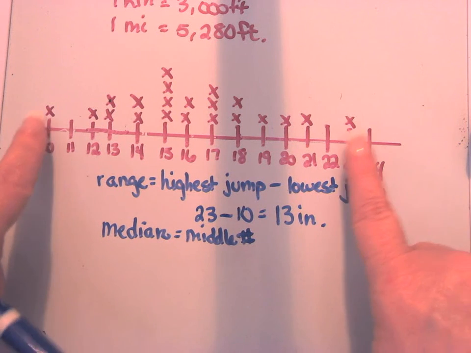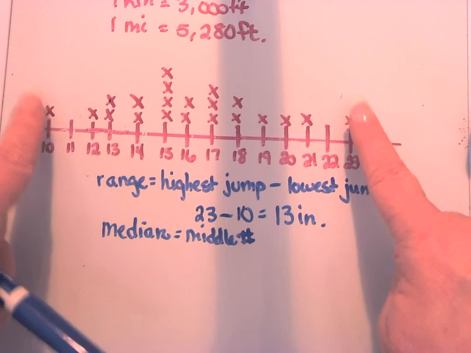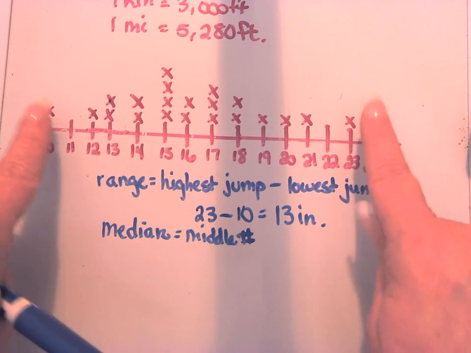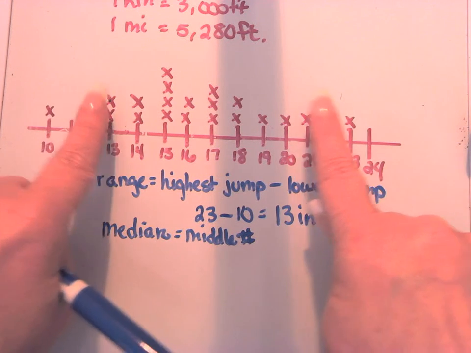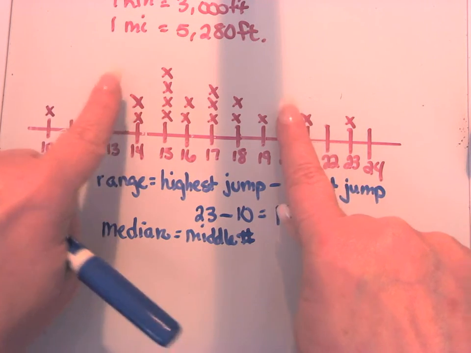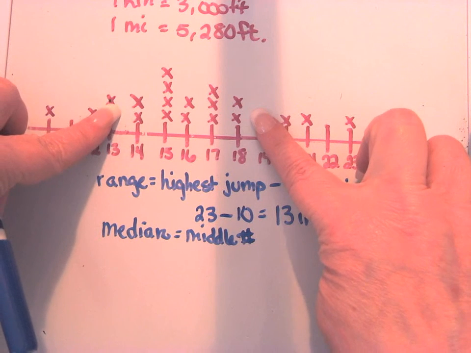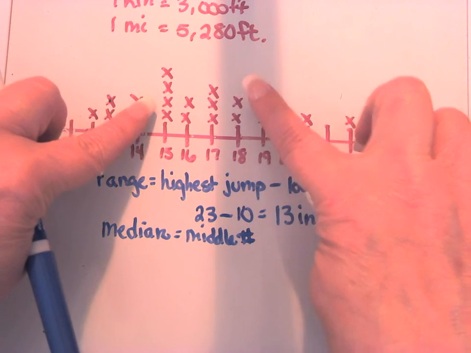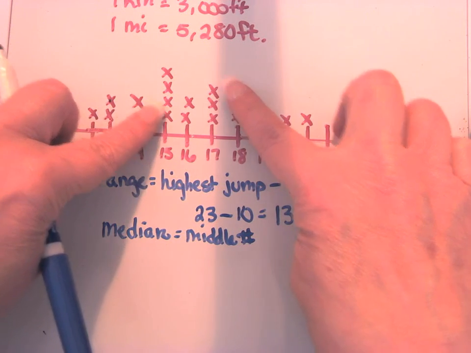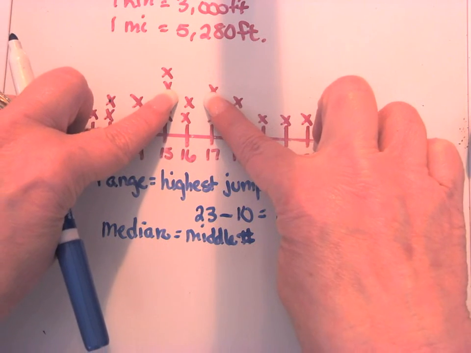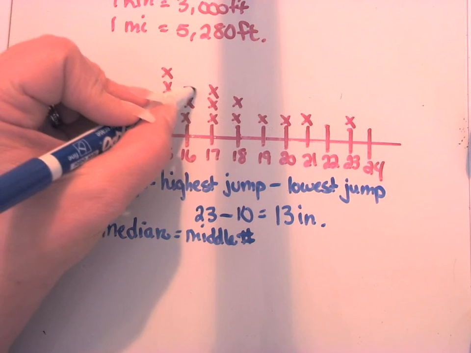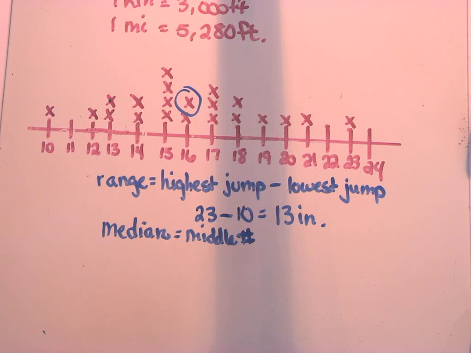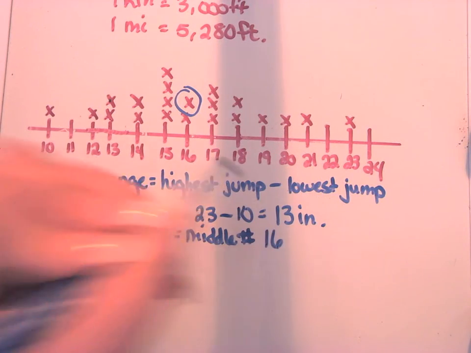Well, we're going to go in and kind of eliminate the outside. So we match up these two, then we match up these two, those two, those two, and I have this one in the middle. So that our middle number is 16.